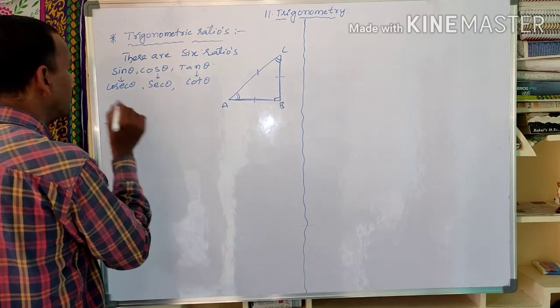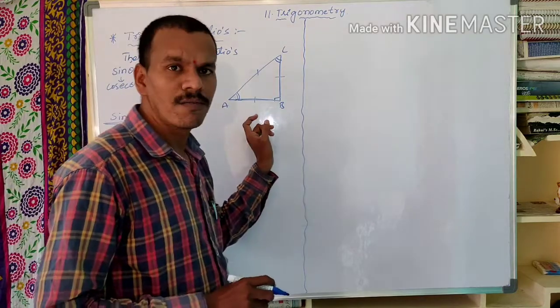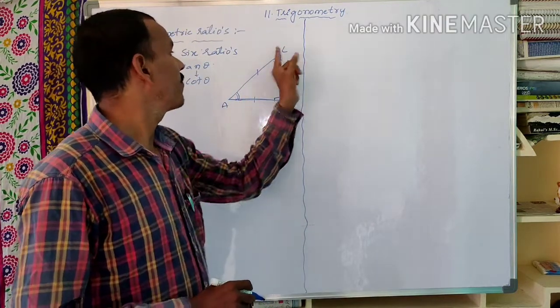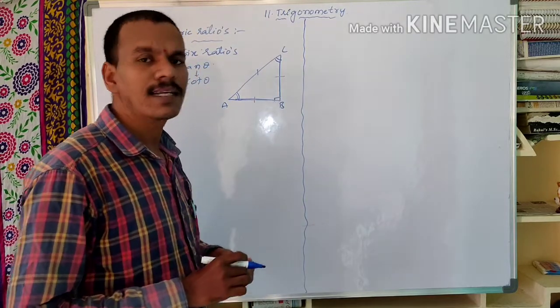So sin theta or sin A. Sin A is nothing but the ratio of the opposite side of an angle and the length of the hypotenuse, which is constant in all similar right angle triangles.